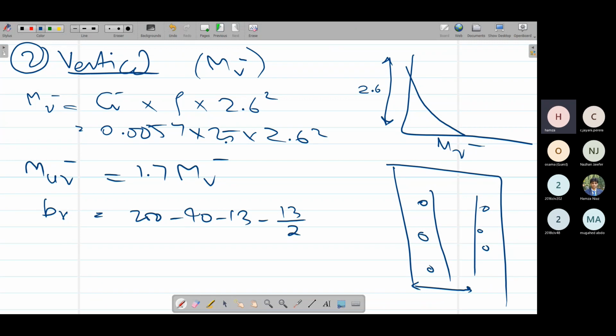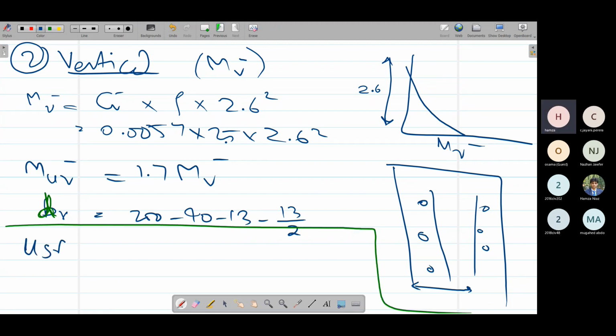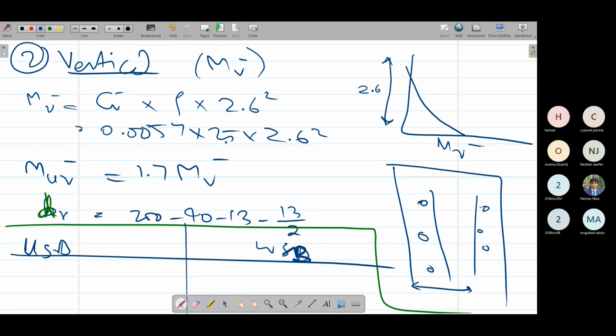This is dV, the vertical direction steel depth. And finally apply USD and working stress design, calculate steel for both methods and provide the larger one. So this way we can design the short wall.